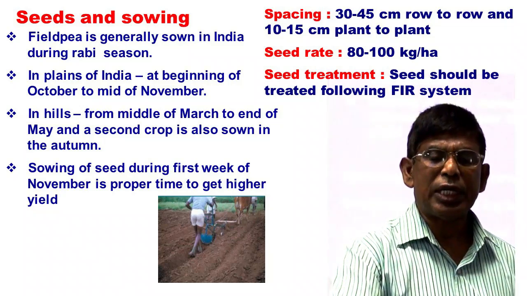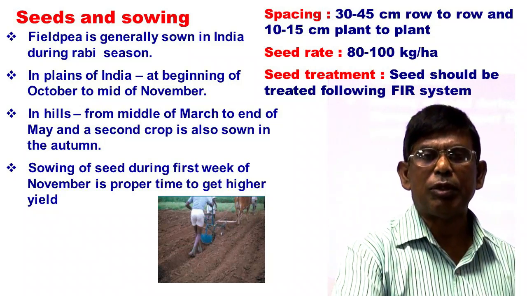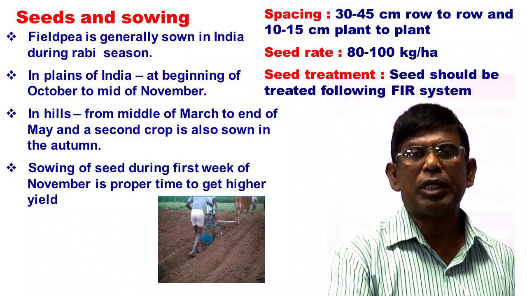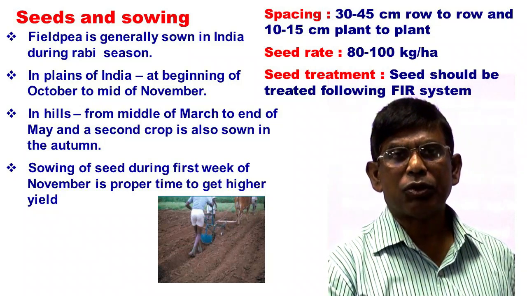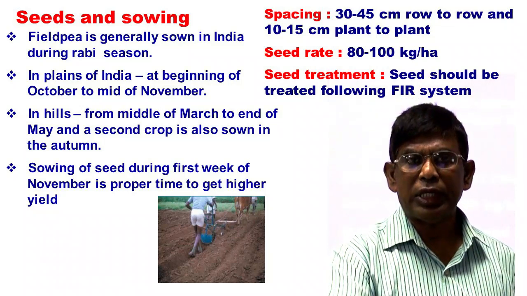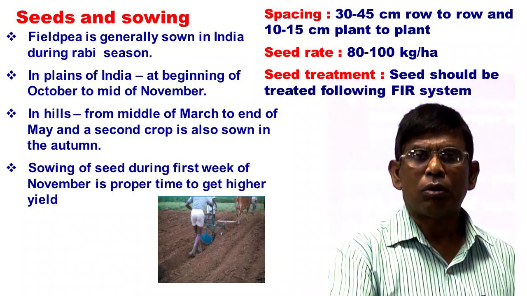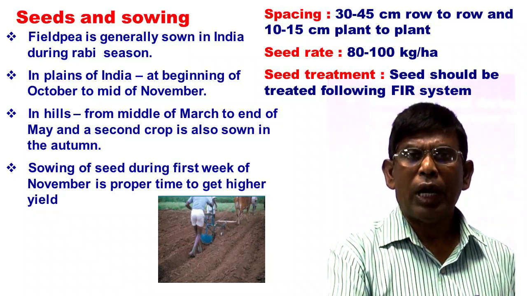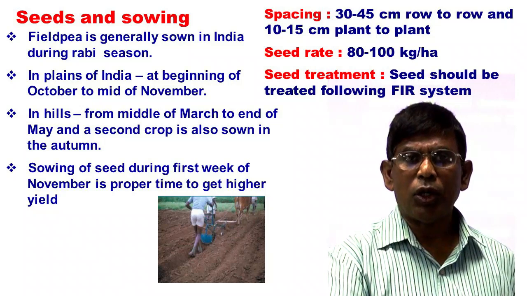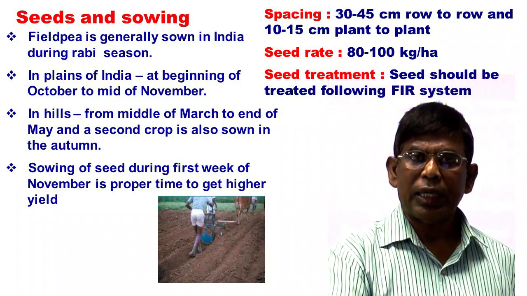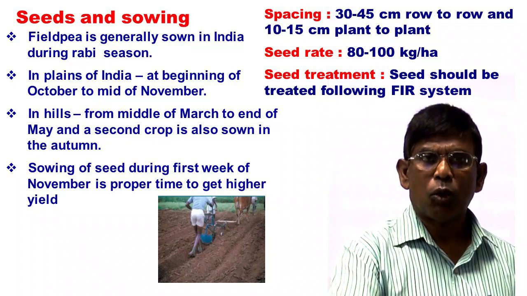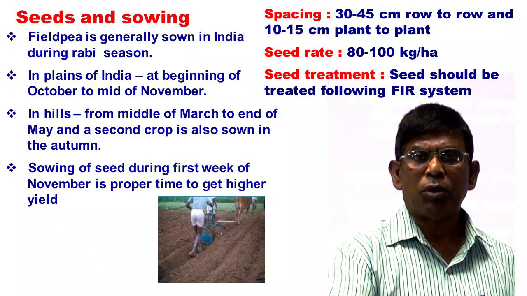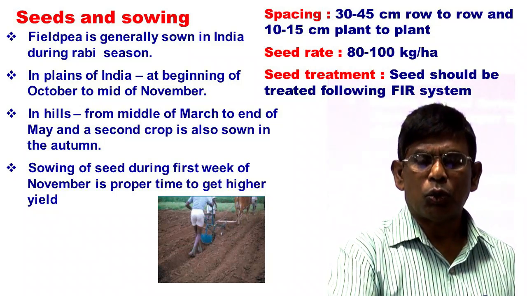Its spacing ranges from 30 to 40 centimeter row to row and 10 to 15 centimeter plant to plant. If the plant is dwarf in nature, then you should go for 30 centimeter spacing row to row. And if it is a semi-erect or tall type of plant, then you should increase the row width to 45 centimeter row to row.